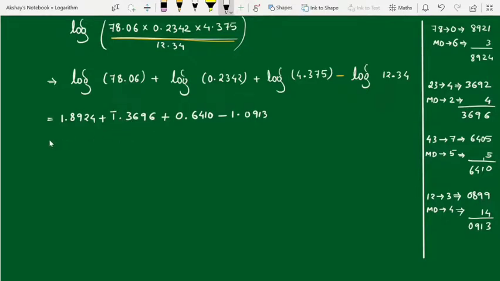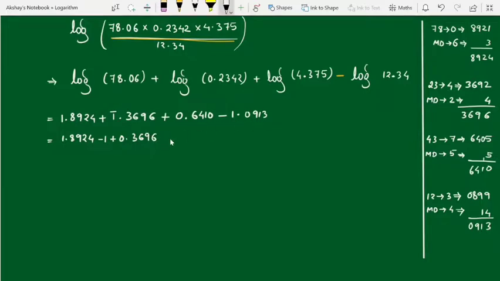So we are going to break it in this manner. I am going to write 1 bar as minus 1 and this value as plus 0.3696. Are you getting this point?